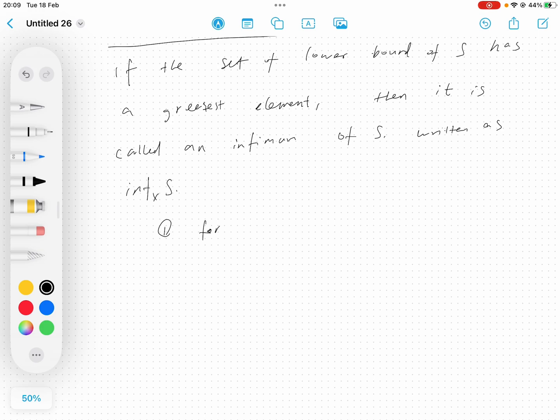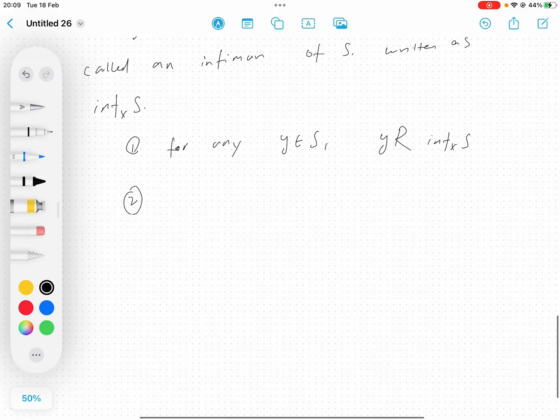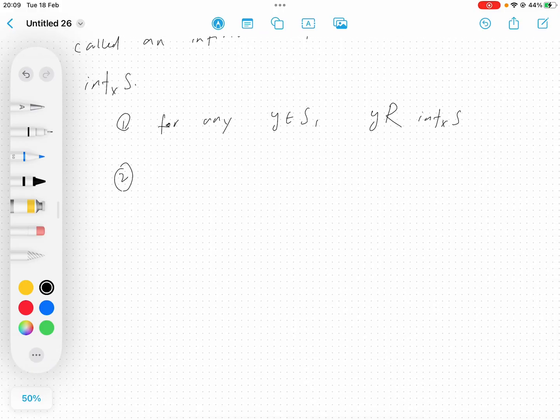For any y in S itself, y is bigger than the inf of S. So it means that this inf has to be the smallest point in S. And second, for the lower bound set, that inf has to be the biggest one.